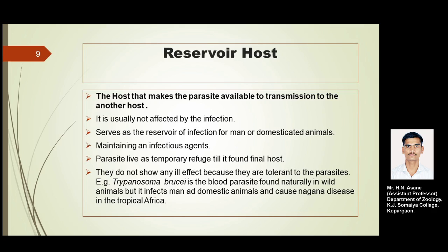One particular example is Trypanosoma brucei, a blood parasite found naturally in wild animals, but it infects man and domestic animals and causes Nagana disease in tropical Africa.